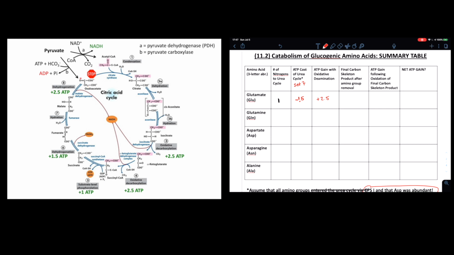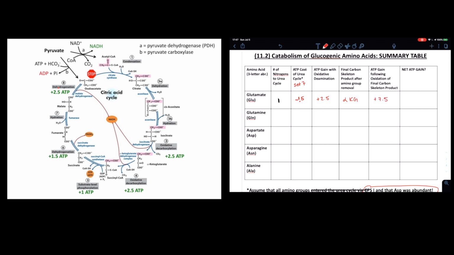And we stop at oxaloacetate always, just like we did in set 2 with beta oxidation, okay? So that's 3.5, right? That's 5, and then that's 7.5. So we're going to get plus 7.5. Whoops, that's the wrong place to write that. Alpha-ketoglutarate is the carbon skeleton, and we're going to get plus 7.5.